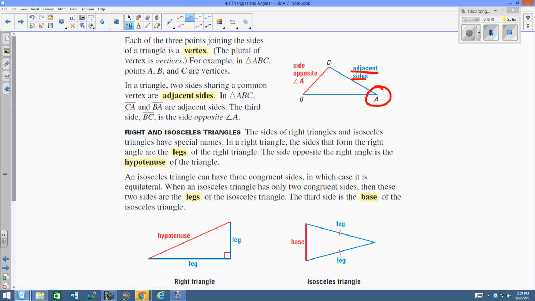Sides that do not touch the angle, so no part of the side is touching this point right here, are called opposite. And the point of an angle is called a vertex. This is a vertex.